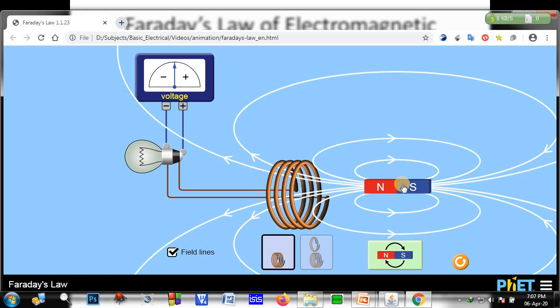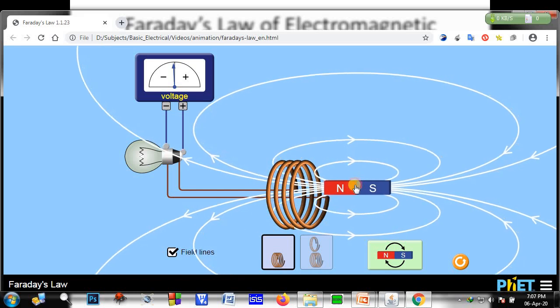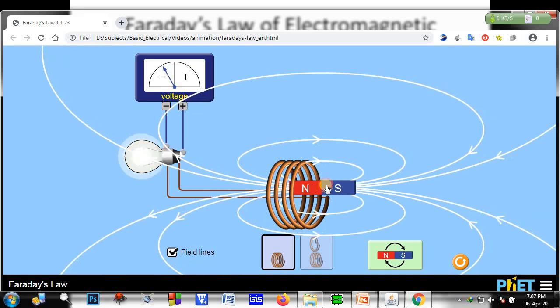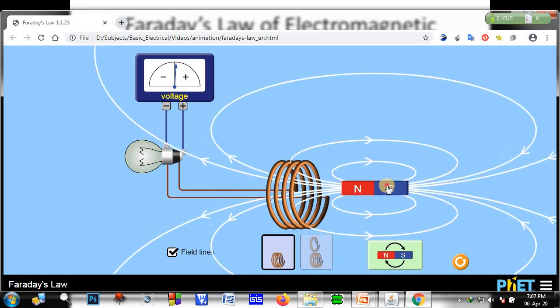Then the second law: the magnitude of this induced EMF, how much EMF is induced, depends on how fast you move the magnet. For example, I am moving it very slowly, and you can see the magnitude of the EMF induced in the lamp.